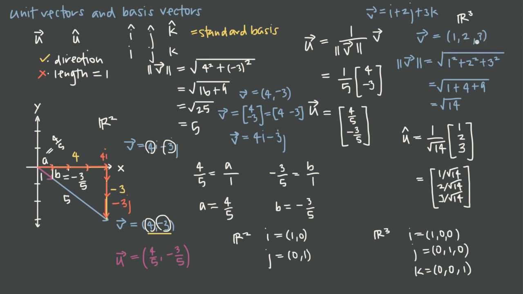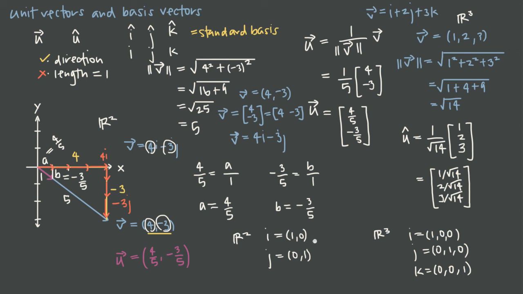Now, we're saying that we can express any vector in R2 as a linear combination of the standard basis vectors i and j, and we're saying that we can express any vector in R3 as a linear combination of the standard basis vectors i, j, and k. But in the next couple of lectures, we're going to learn that we can actually use any 2 vectors in R2 as long as they are linearly independent, or any 3 vectors in R3 as long as they are linearly independent, to express any other vector in the space.